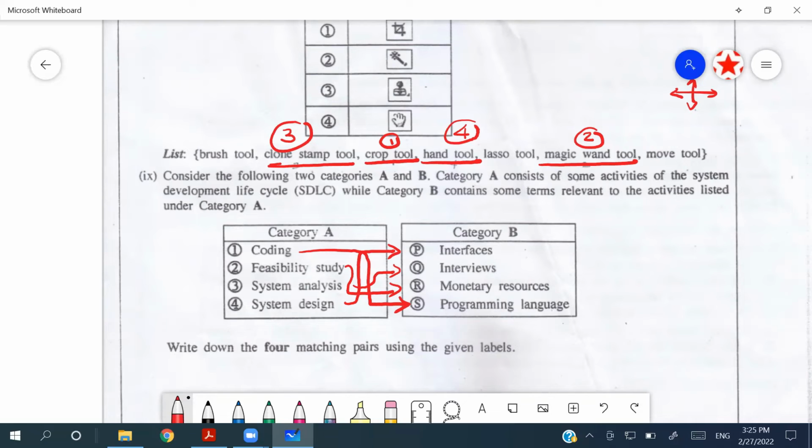Right, so for 1, it is S. For 2, it is R. System analysis, Q. System design, interface.